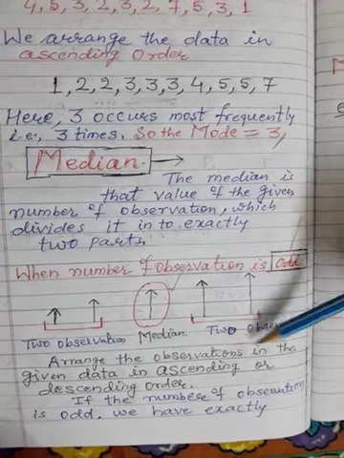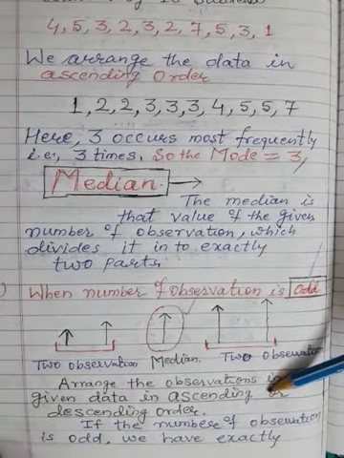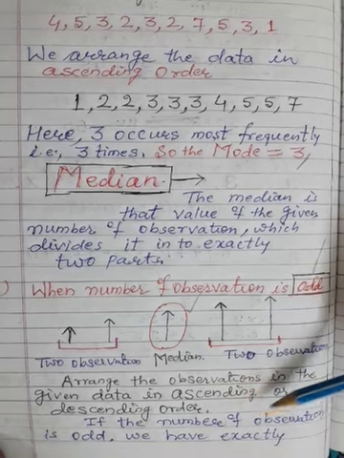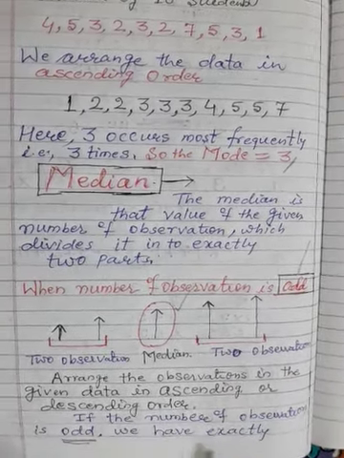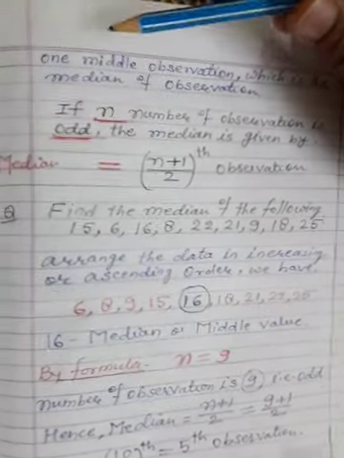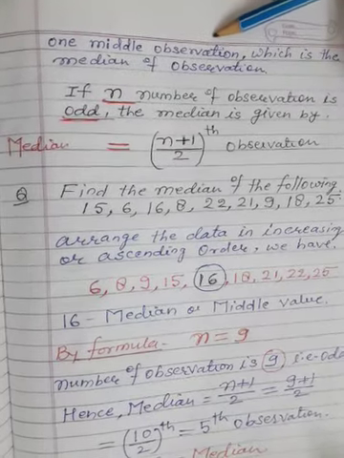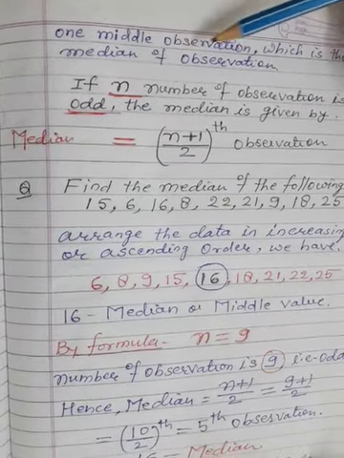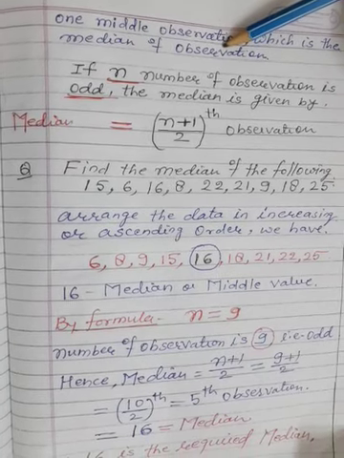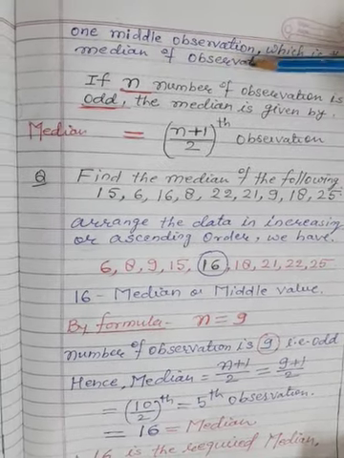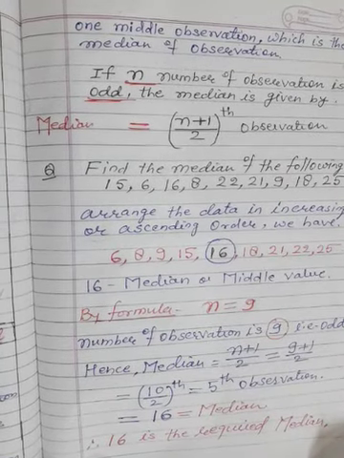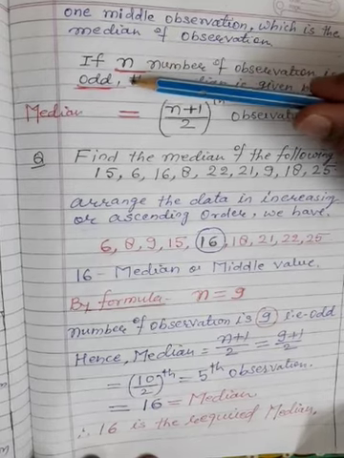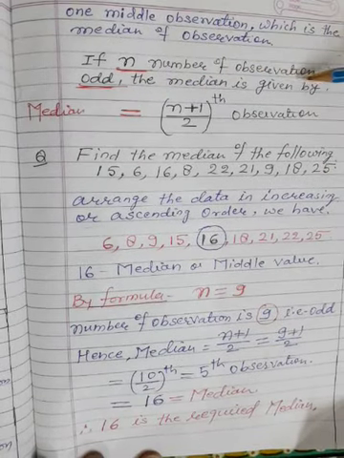So arrange the observations in the given data in ascending or descending order. If the number of observations is odd, we have exactly one middle value. We have one middle observation which is the median. If n is equal to the number of observations, that is odd, then the median is given by the formula.